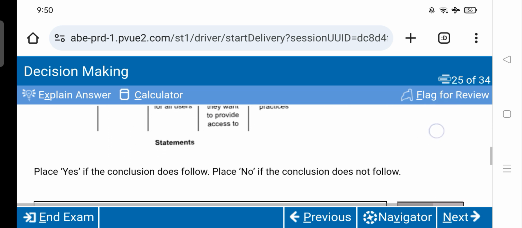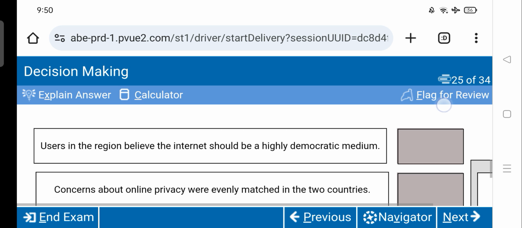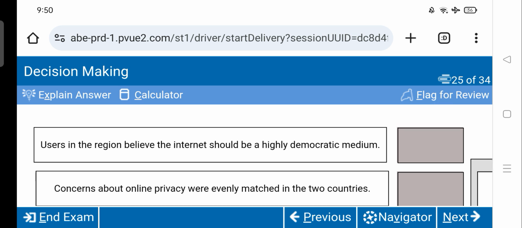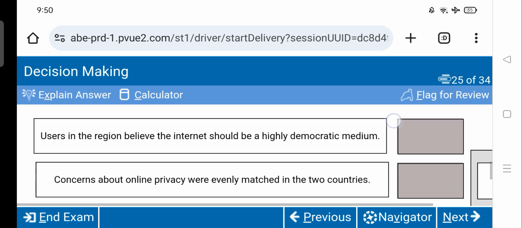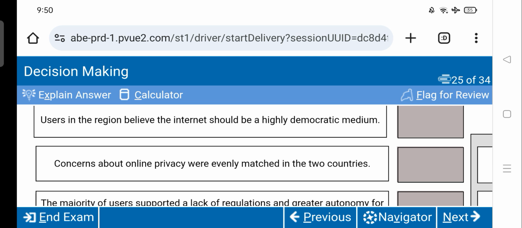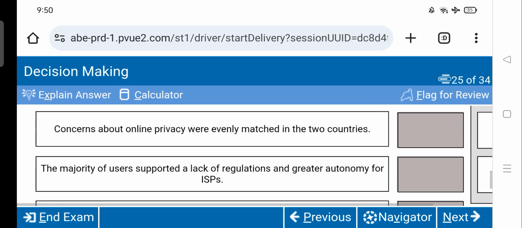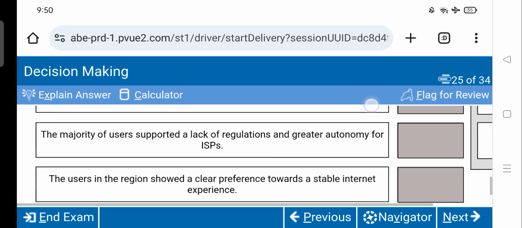with some statements. So first conclusion we have that users in the region believe the internet should be a highly democratic medium. Concerns about online privacy were evenly matched in two countries. Third, the majority of users supported a lack of regulations and greater autonomy for ISPs.